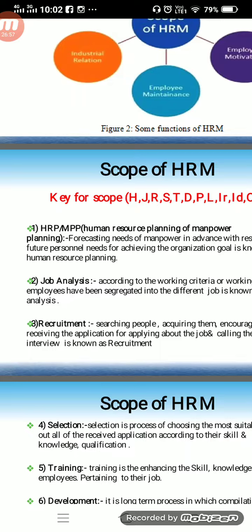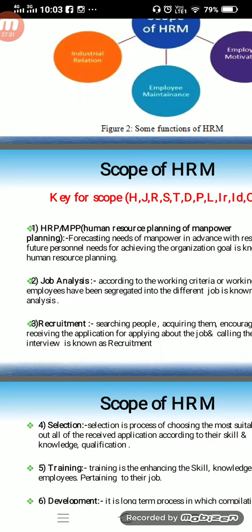In the medical field there are many specialists, like ortho, eye, ears departments. Because a hospital is also an organization, we have to analyze which doctor we require at a particular point, like eye or ortho, or neurosurgeon. So as per the job analysis, we bring employees into the organization. So analyzing the job is the scope of HRM.